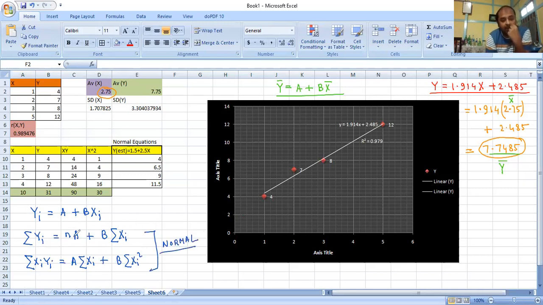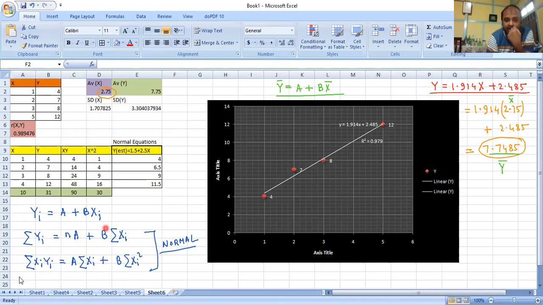Okay, I don't want to get into the line of best fit now. What I want to do, just for checking, is see whether, if we consider only these normal equations, I get the line of best fit. These equations need the summation of the response variable, the summation of the input variable, the summation of the product of response and input variable, and the summation of the square of the input variable.